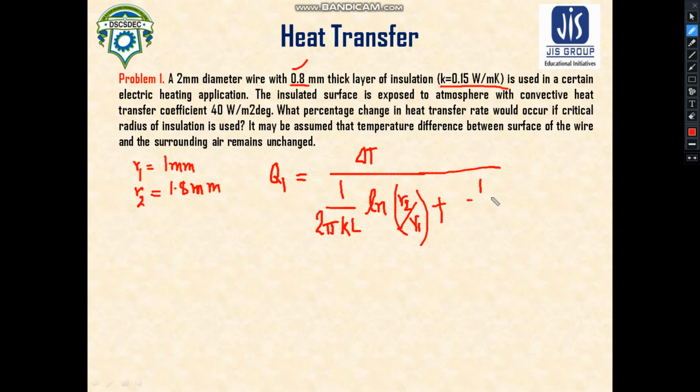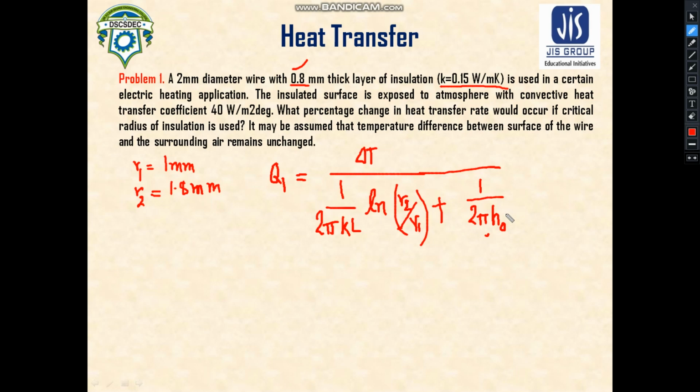But we are still left with the convective resistance. So 2 pi, H O, that is the outer convective heat transfer coefficient.